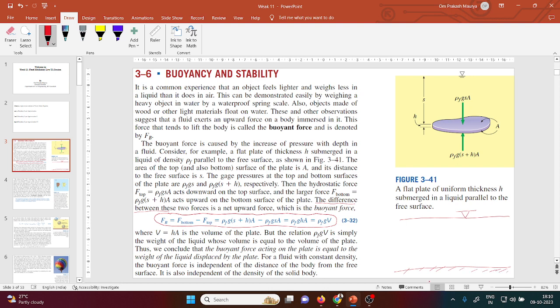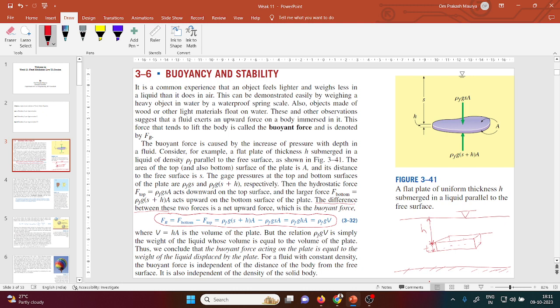In the water body, one block is there. Let's suppose the thickness of the block is t, or the height is given as h.